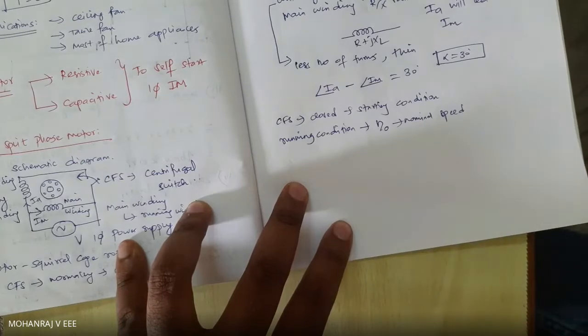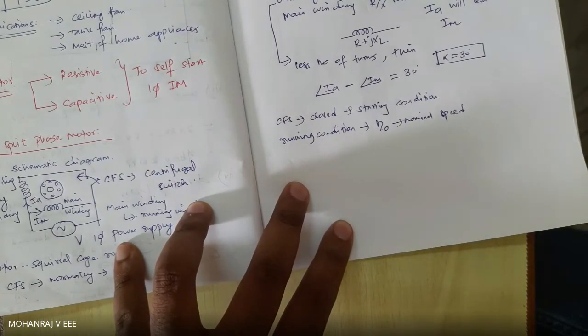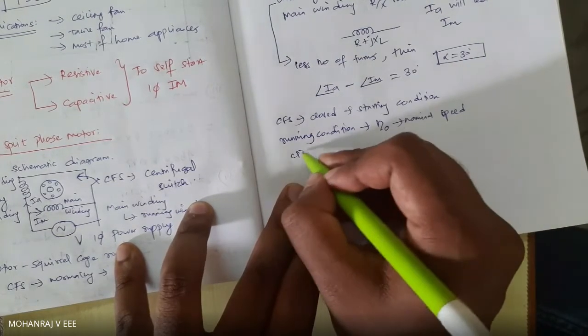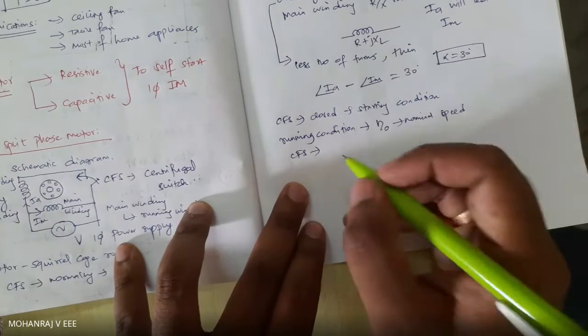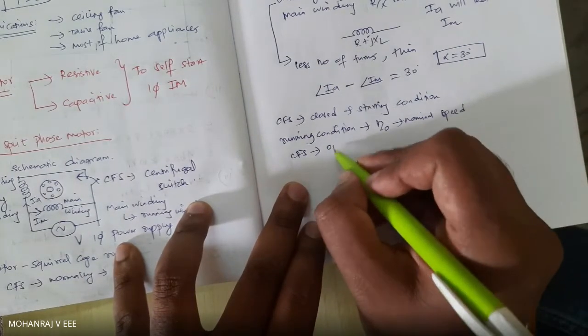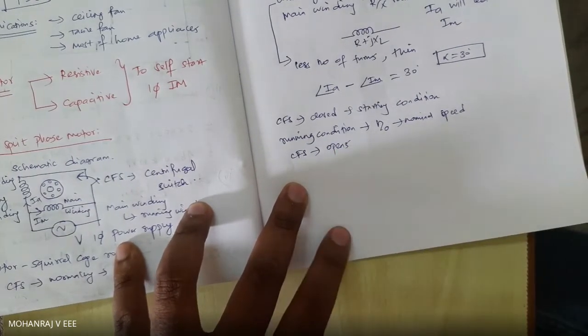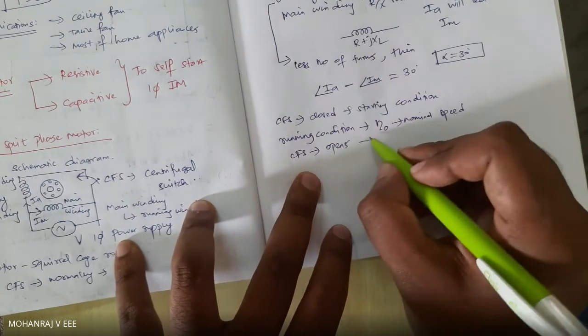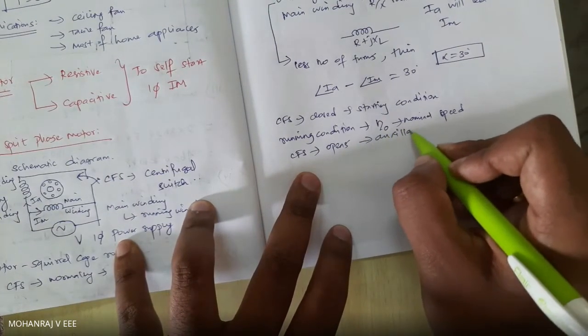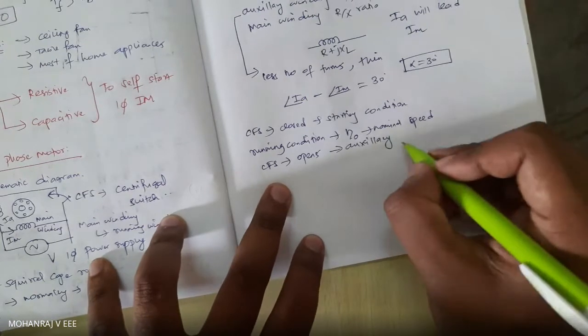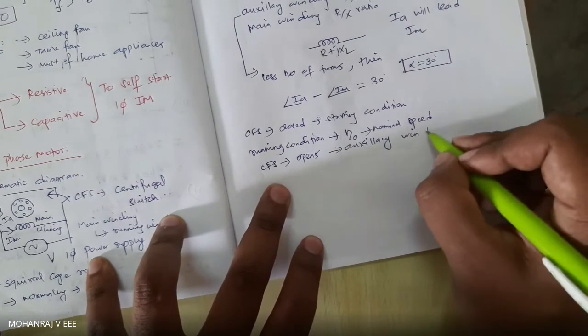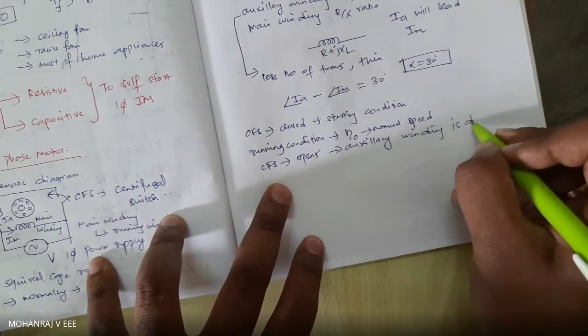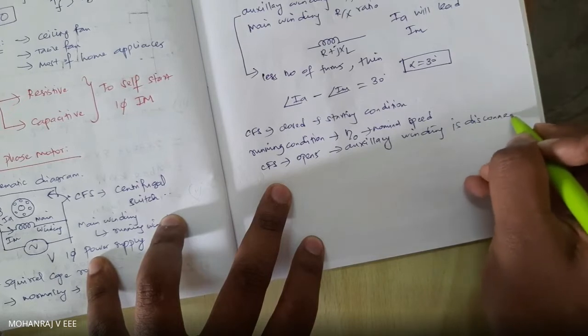When the motor reaches n naught speed, the centrifugal switch opens, and the auxiliary winding is disconnected from the circuit.